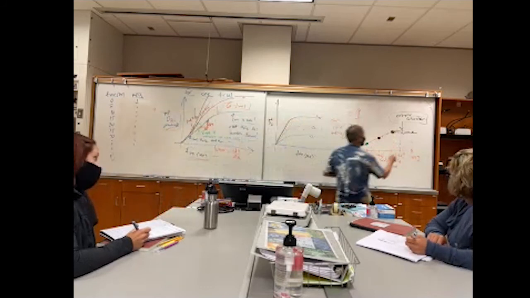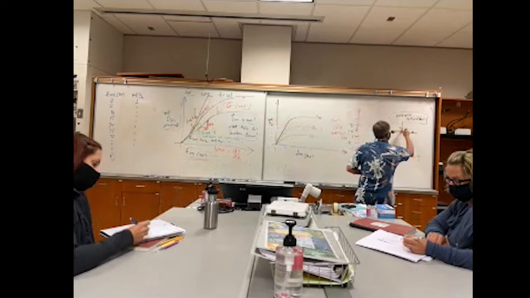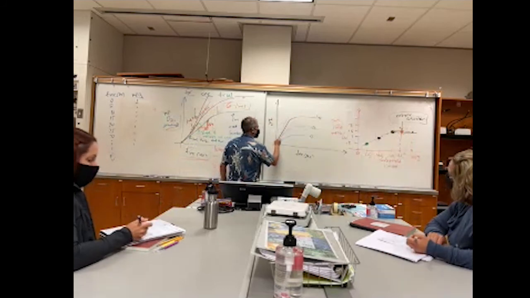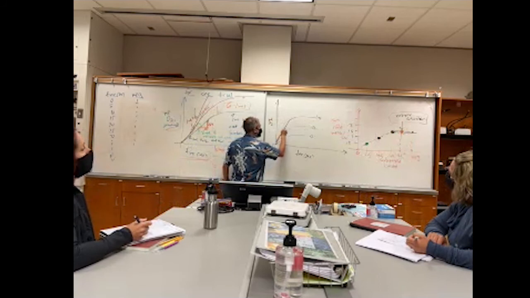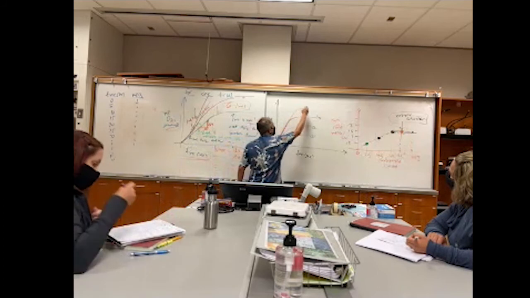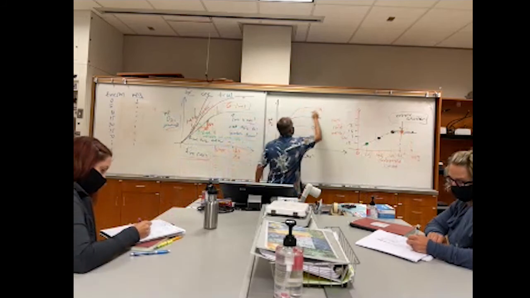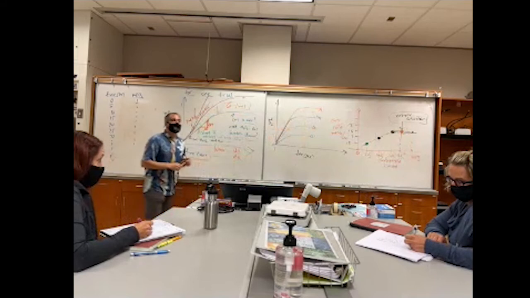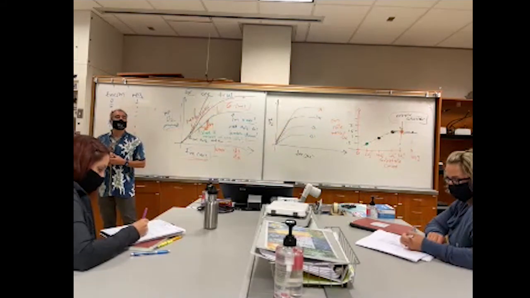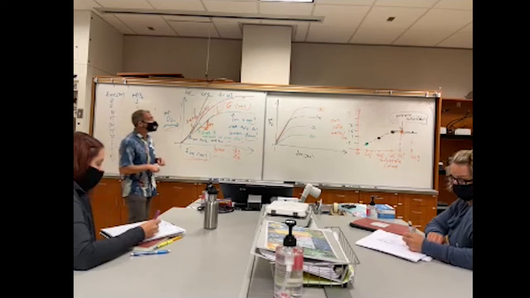Now, though, this one. It's not going faster. It's going to go longer and ultimately make more oxygen. But the slope is the same because the rate is the same. The mils of oxygen per second being produced is equal.